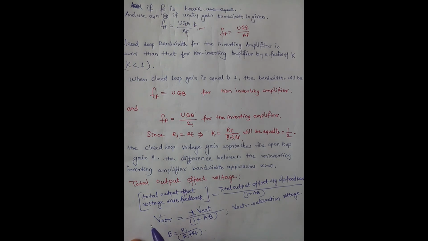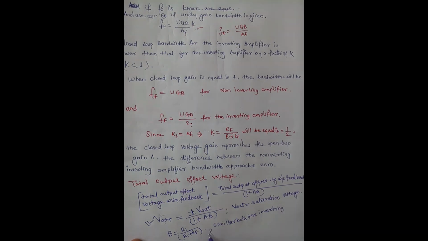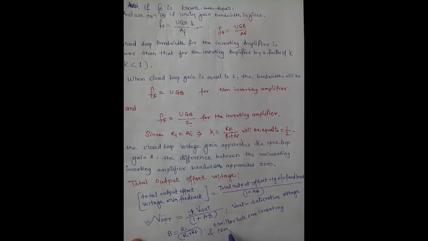So this total output offset voltage is similar for both the inverting and non-inverting amplifier.